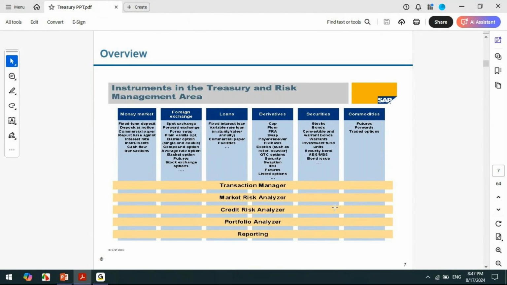Let's say money market, foreign exchange, not loans. The loans are part of money market, so this is a small change. It should be money market, foreign exchange, derivative, securities, and trade finance.